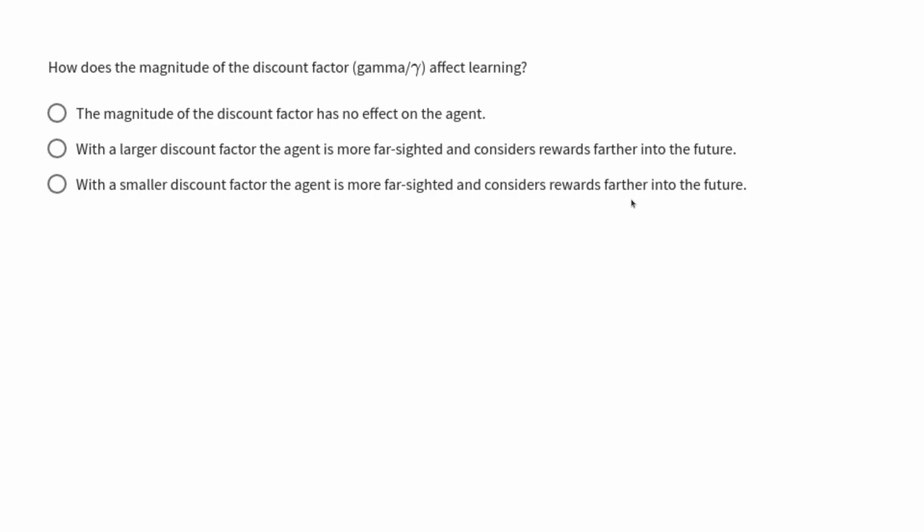Far-sighted means you are giving future more importance than present. As an analogy, should we enjoy today or tomorrow or the day after tomorrow? Which one is more important? And gamma is controlling this factor here.